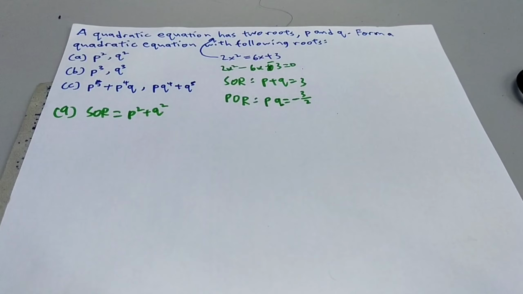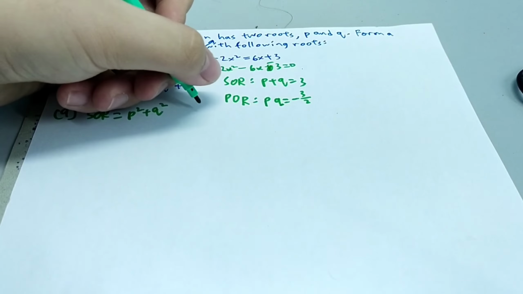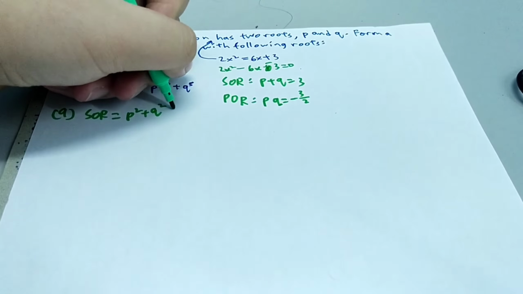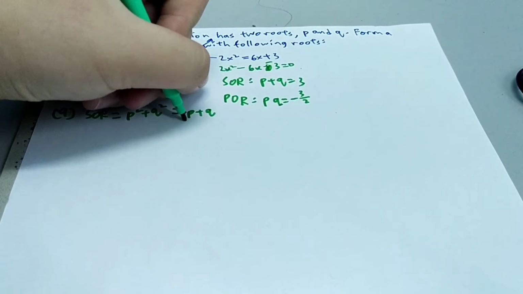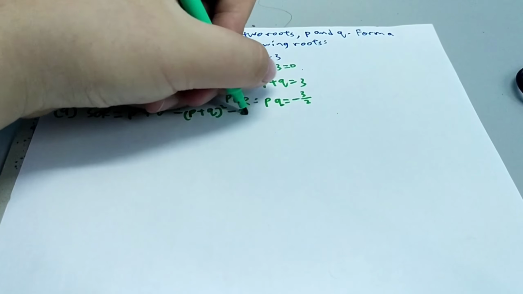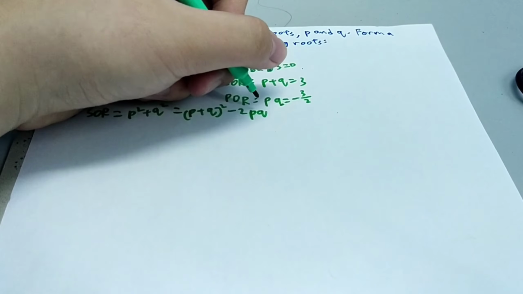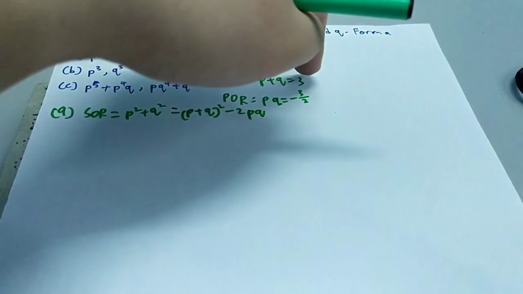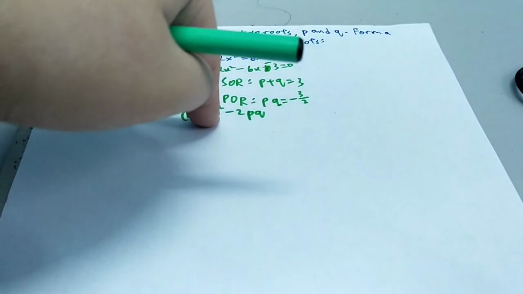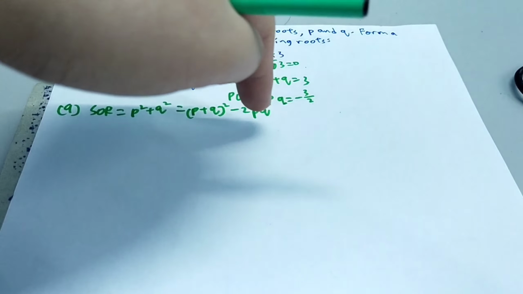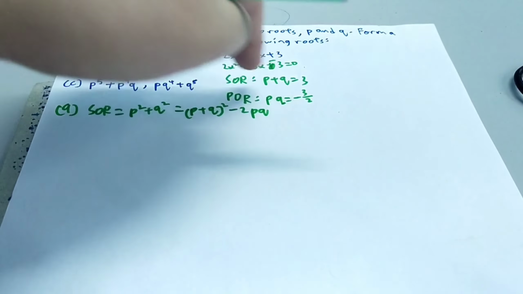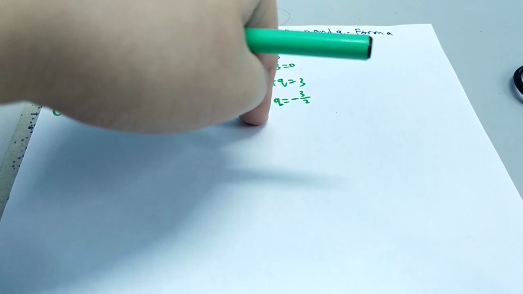So what I can say is p squared plus q squared is the same as p plus q bracket squared minus 2pq. And then I can plug in p plus q and pq.